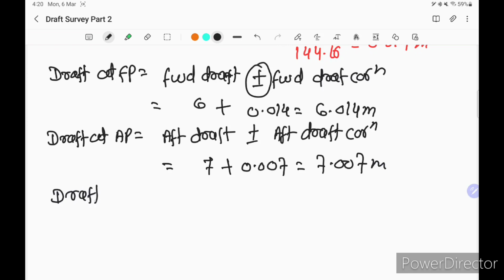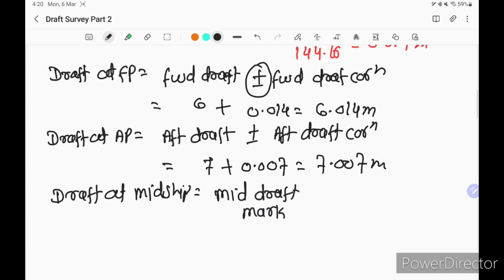So draft at midship: mid draft mark plus or minus mid draft correction. So 6.55. Now it is mid.